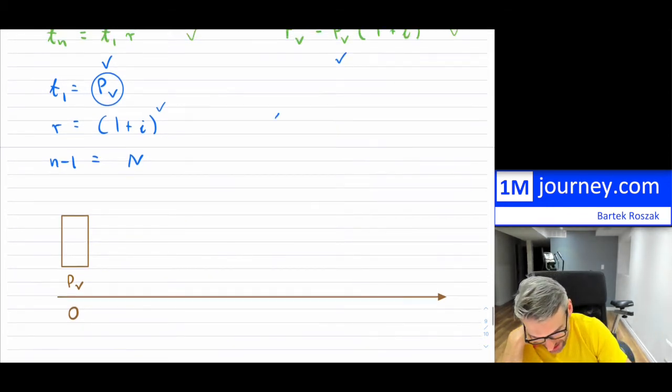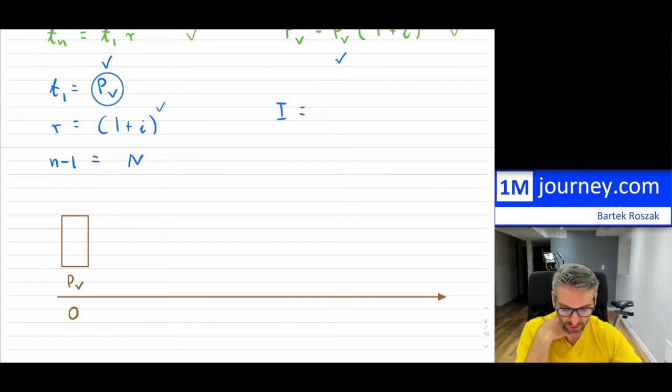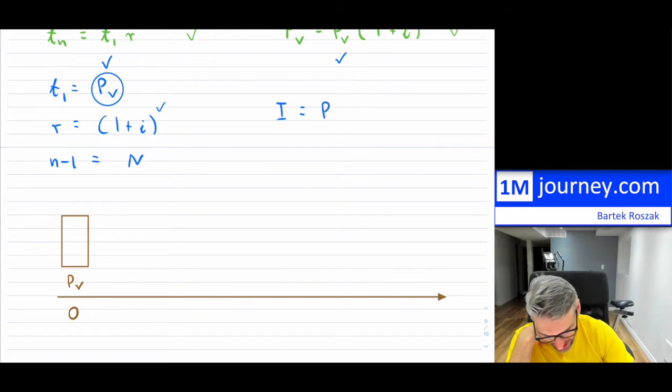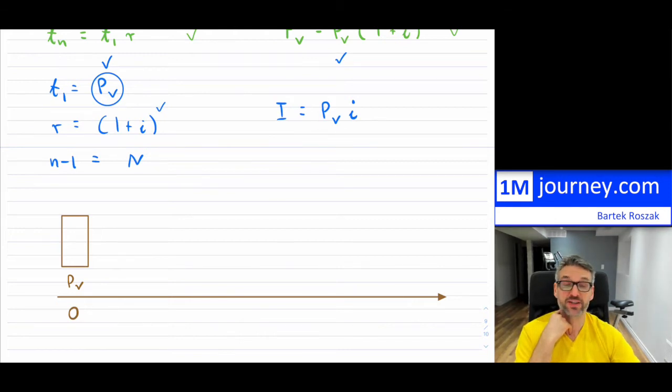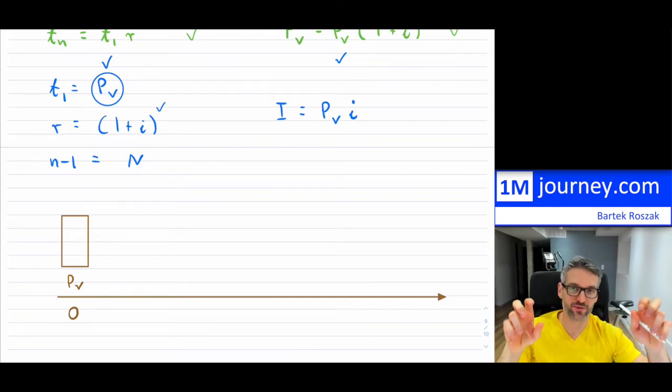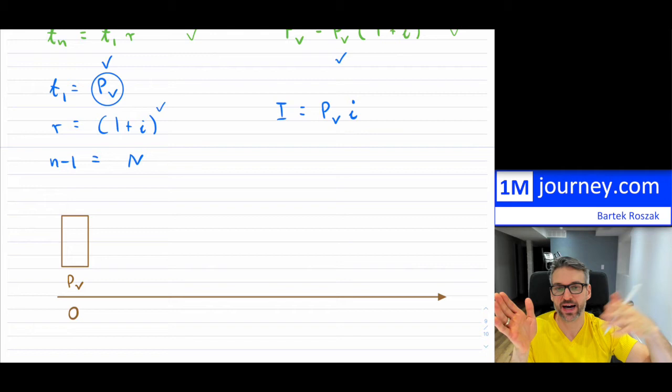Let me write it like this: my interest, I, is equal to nothing else but just present value multiplied by that interest I that you had initially. So after one, let's assume that it's years. These compounding periods that we have, let's assume that it's years.